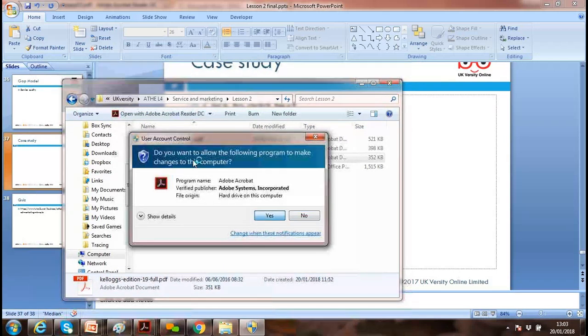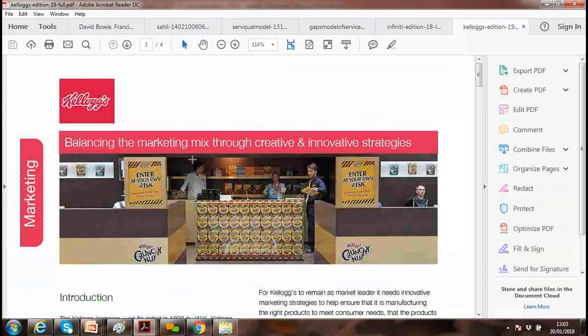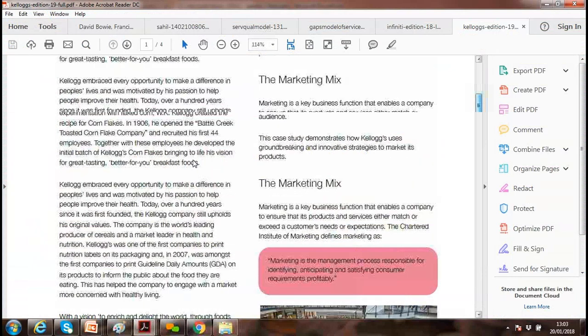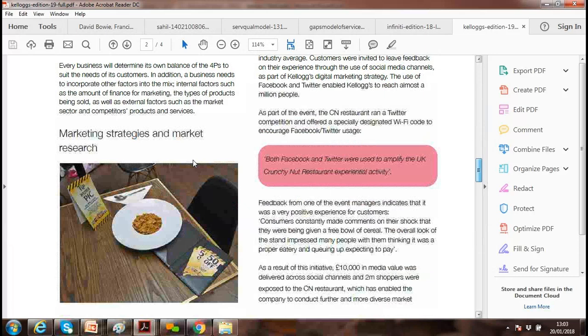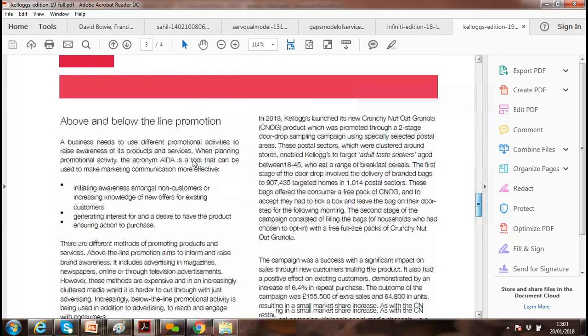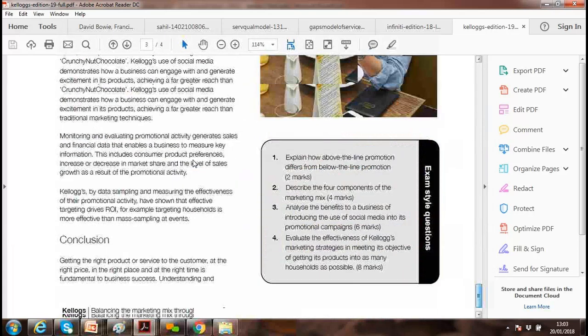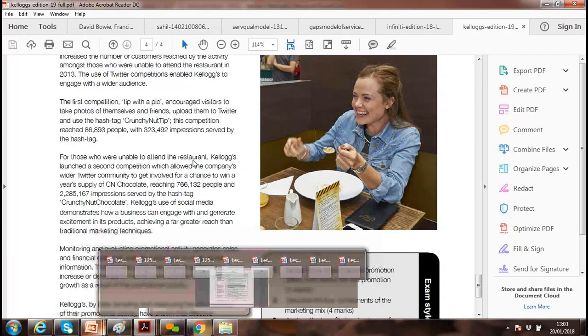It's Kellogg's, balancing the marketing mix through creativity and innovation. So please just go through this case study. It's good to read how they use the marketing mix, how they did research, and that will give you a lot of good knowledge about how they actually implement and apply the marketing mix within the organization.